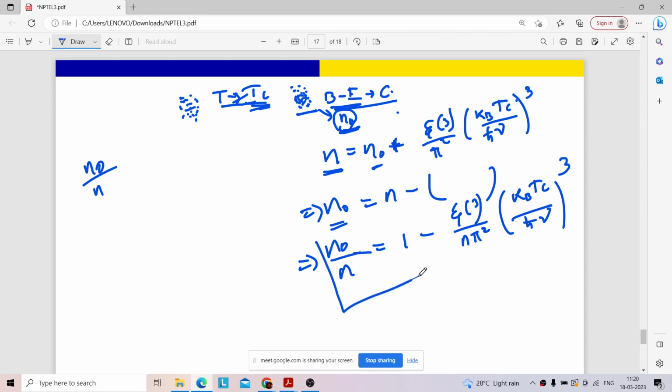This is the condensate fraction, meaning out of how many fractions are being condensated. We have total n particles, and out of them n0 particles are not condensated.